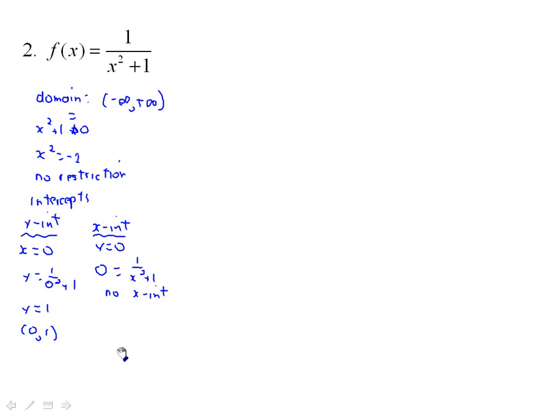Interesting. Move on to the asymptotes and try to make some decisions on that. I don't think you're going to see anything too remarkable happening with the asymptotes. There's no vertical asymptote. There's no way that denominator can be equal to 0.